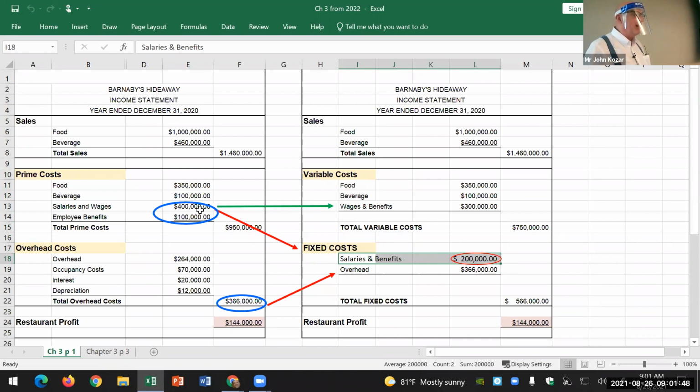Originally we had $500,000 total labor cost. So we've got $300,000 going to wages, and then $200,000 going toward benefits. And then we're pulling up the total overhead cost here, because overhead cost is always fixed cost. And when we do the math, we come out with the exact same profit, $144,000. Anybody have any questions about that?